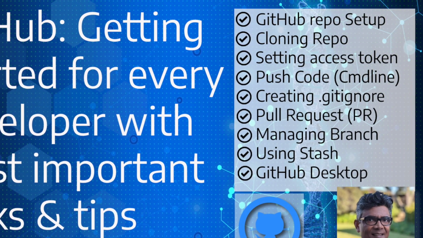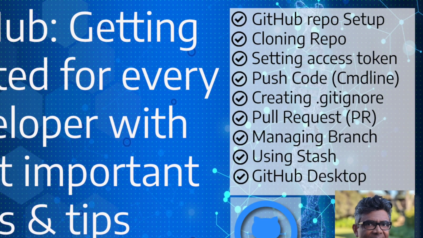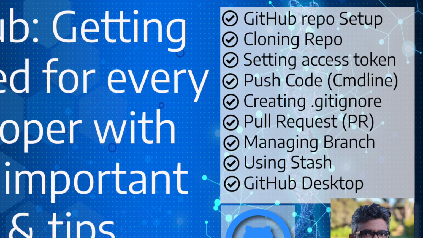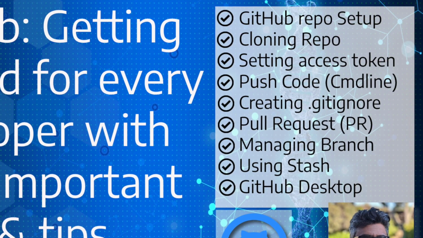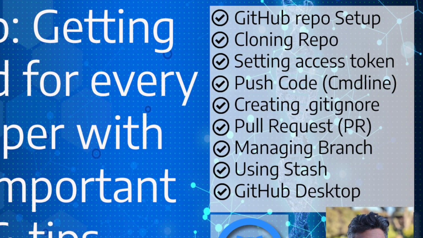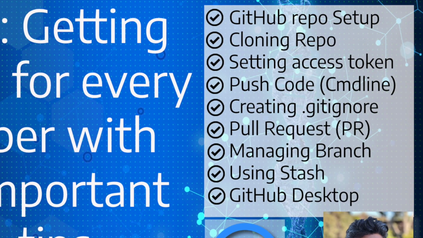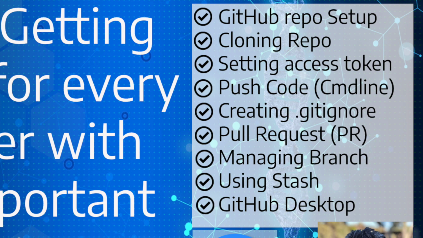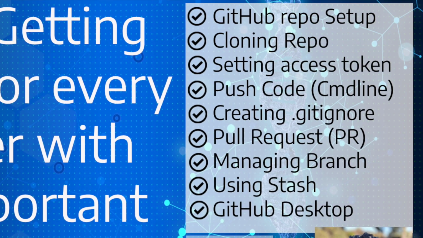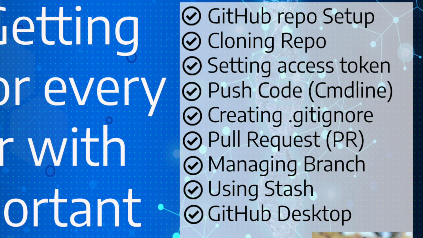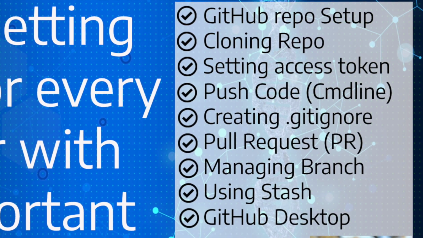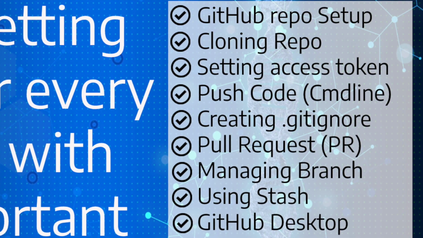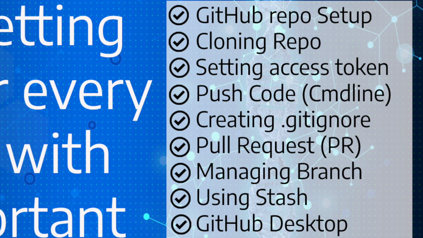We have learned commands to add various content from the local repo to the remote repo, combine them together, add the commit message to it, and finally push it. We have also learned how we could add a gitignore file to our repo and create various pull requests. We learned how to manage different branches, how to shift data between branches, how to use the GitHub stash, and finally we also learned how the GitHub stash can be used to manage the content which is still on the local file system.